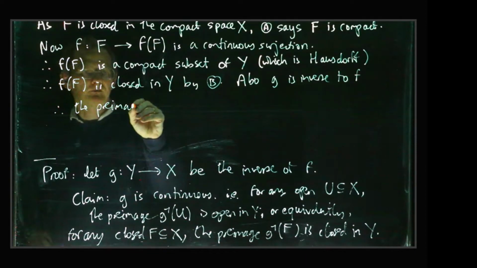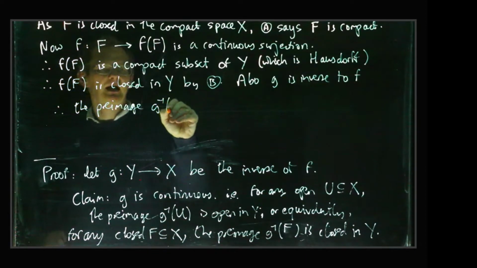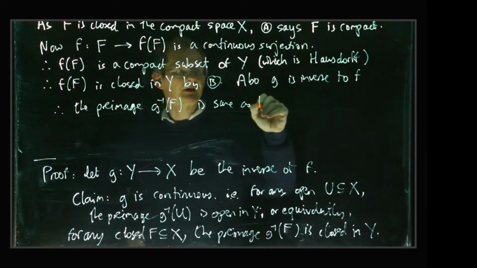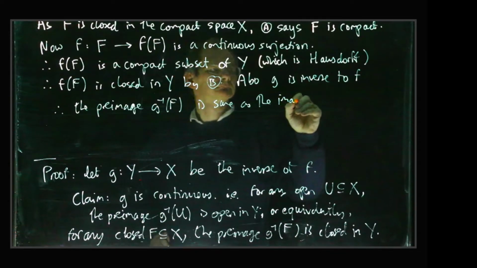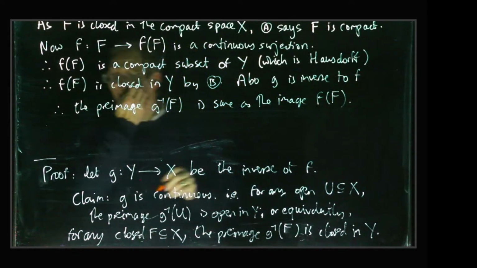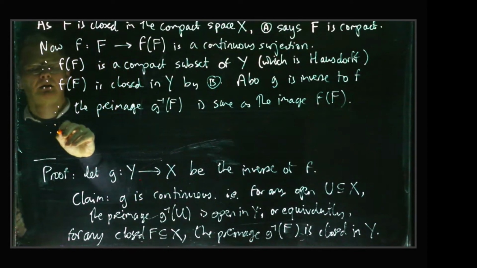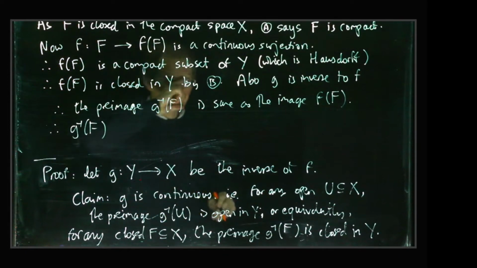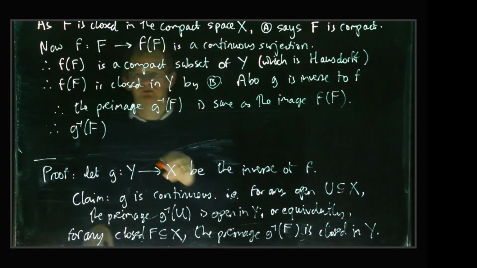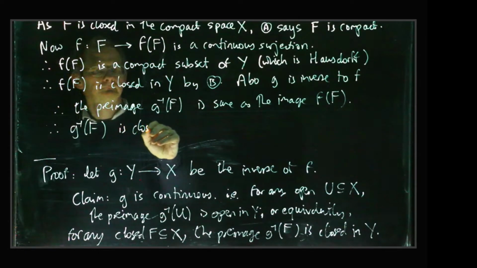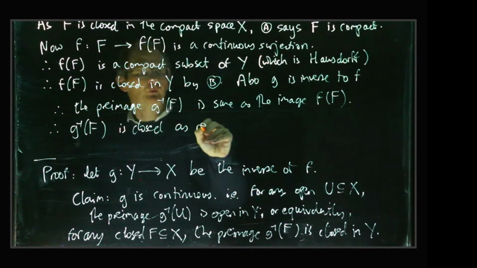So that means that the preimage g inverse of F is the same as the image f of F. And we just finished proving that f of F is closed. In other words, g inverse of F is closed, as required.